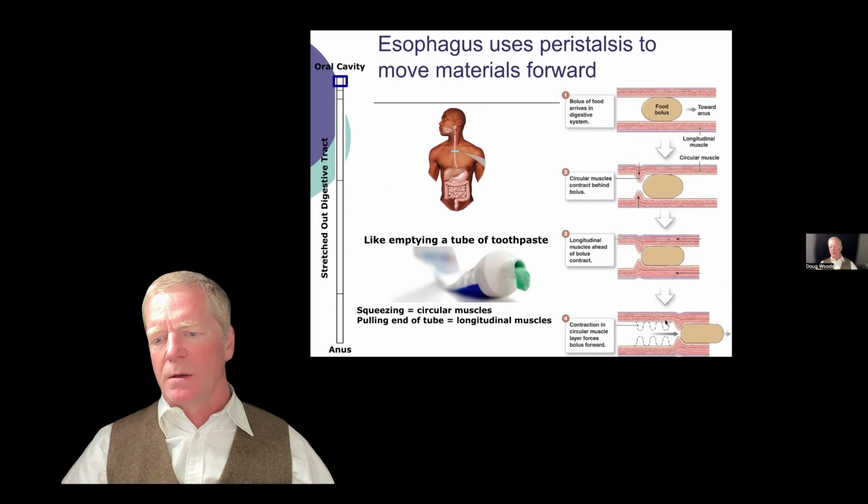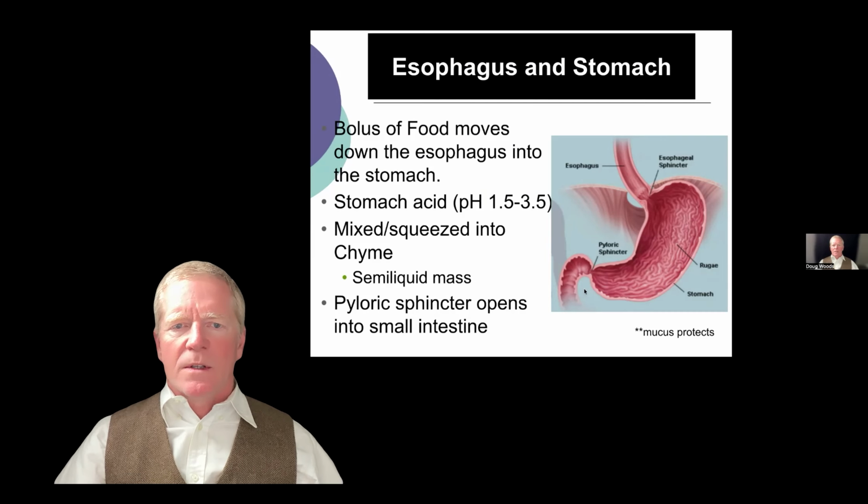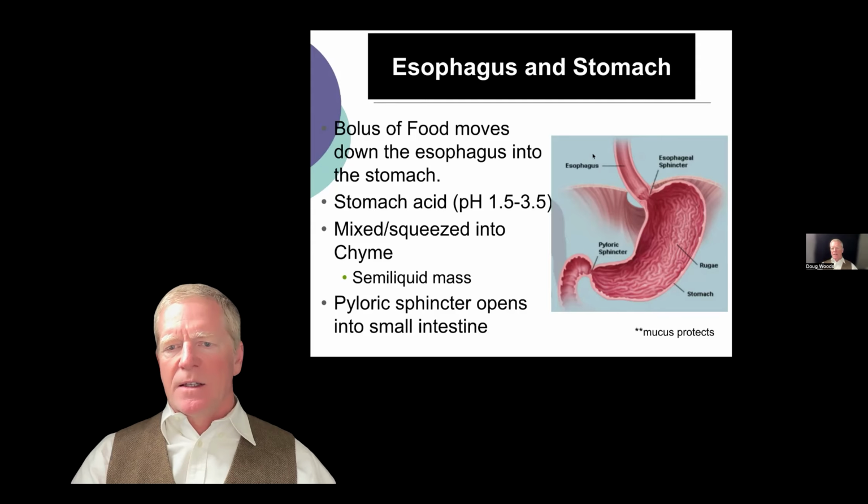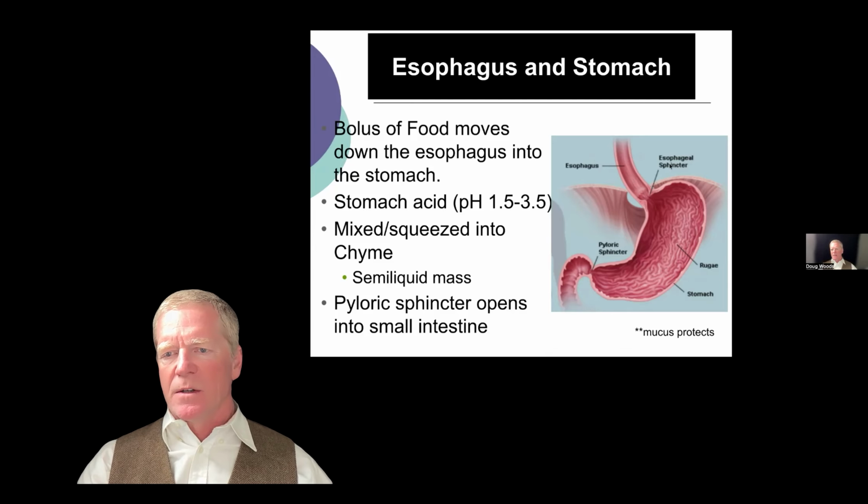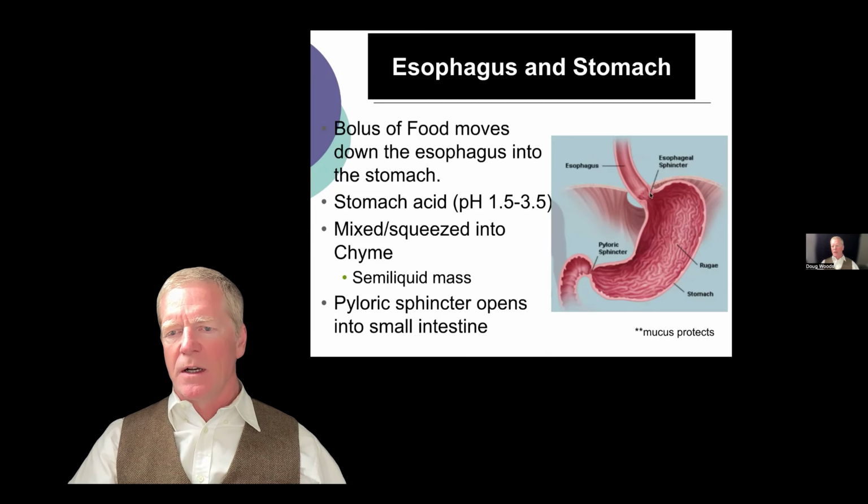Its rhythmic contractions squeeze the bolus of food down to the stomach. Once the food exits the esophagus through the esophageal sphincter, a small muscular structure that can close off the stomach from the esophagus, the food enters the stomach.